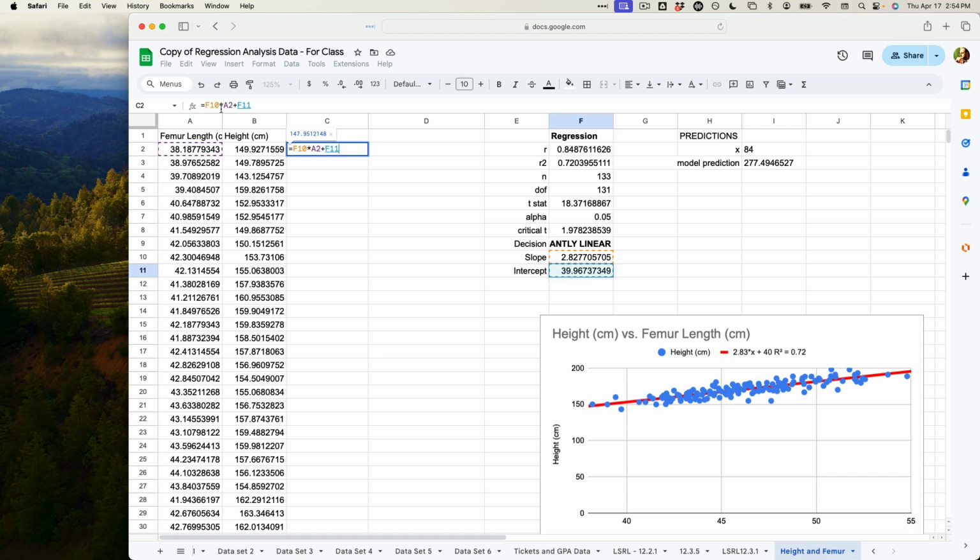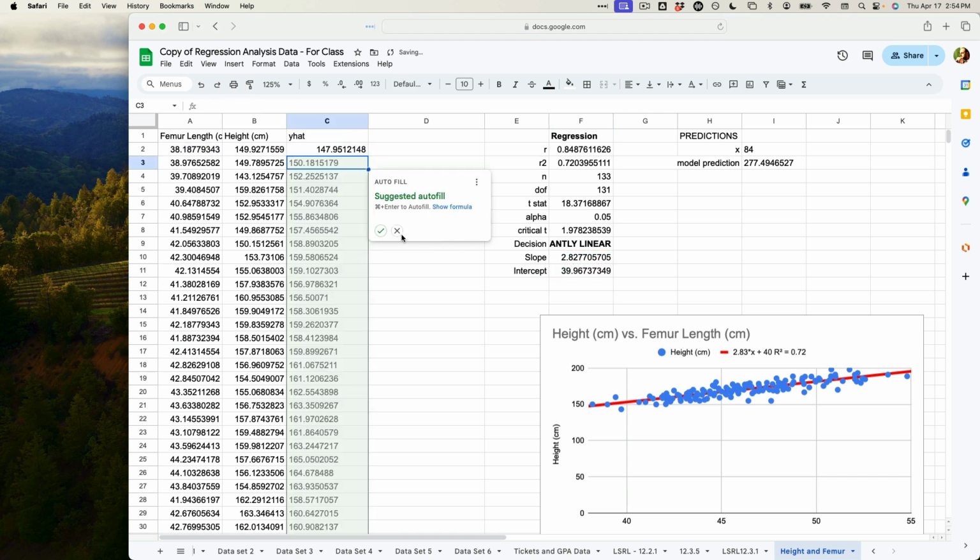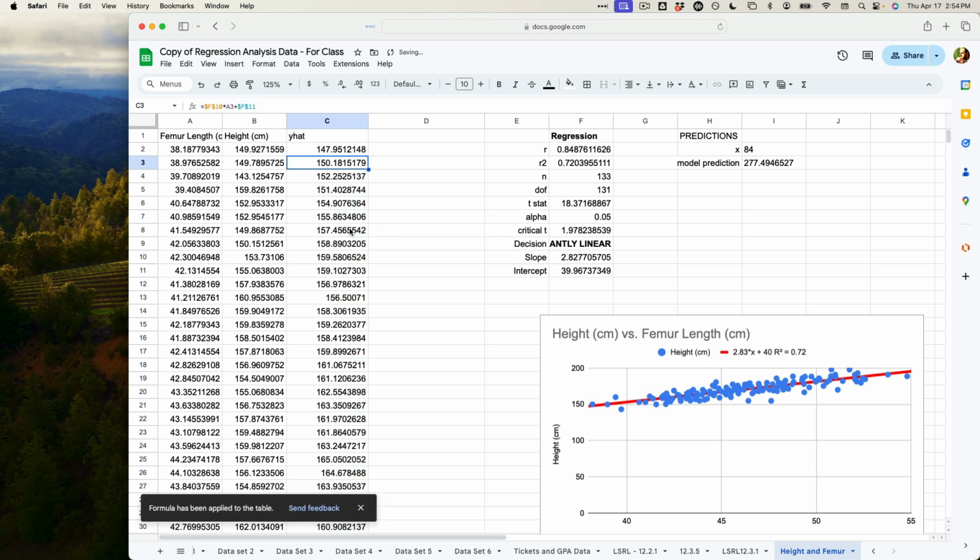Before I apply, I know that the slope and the intercept are fixed, so I'm going to put dollar signs around them so that they don't change. Now apply. That gives me all of the y hat values. Those are the red points that I showed you on the picture in the slides before. Those are the model predictions at the input x values.